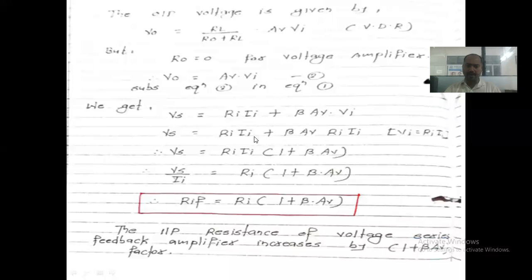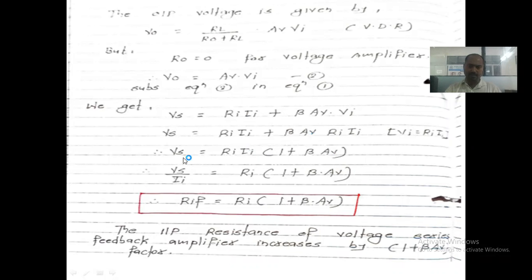So Ri into Ii plus beta into AV into Ri into Ii. Taking Ri into Ii as common, 1 plus beta into AV remains.